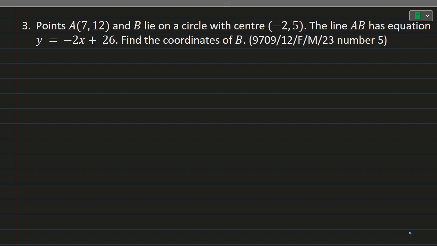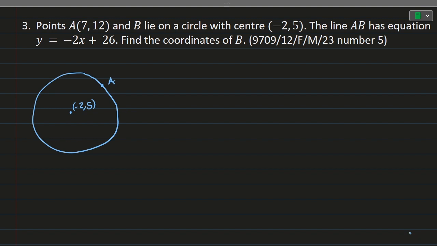So let's sketch our diagram. We've got a circle with the center (-2, 5), and we know that it has a point A (7, 12) on its circumference. So we'll say A is somewhere here, and B also lies on the circle, and we're told that the equation of the line through AB is y equals -2x plus 26.